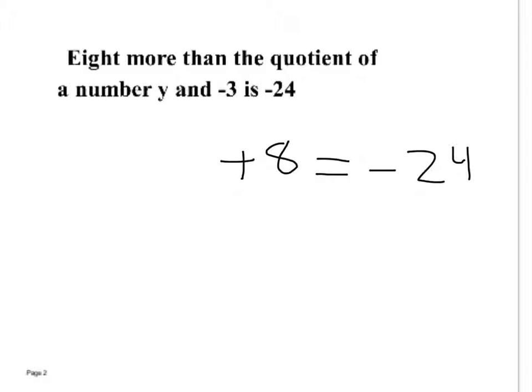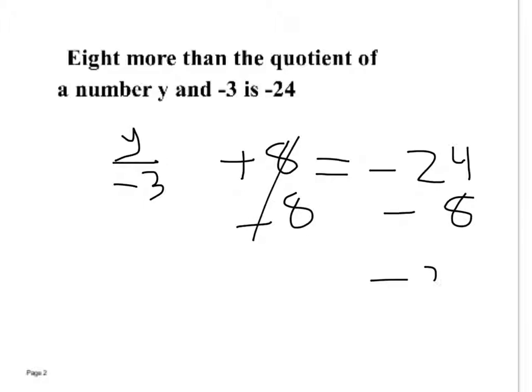So quotient is division. I write my division sign. I look for "and." What's in front of it goes on top, what's behind it goes under it. So y divided by negative 3, plus 8 equals negative 24. There's my equation. Now I solve it. I subtract 8 from both sides. That gives me negative 32, which is y divided by negative 3.